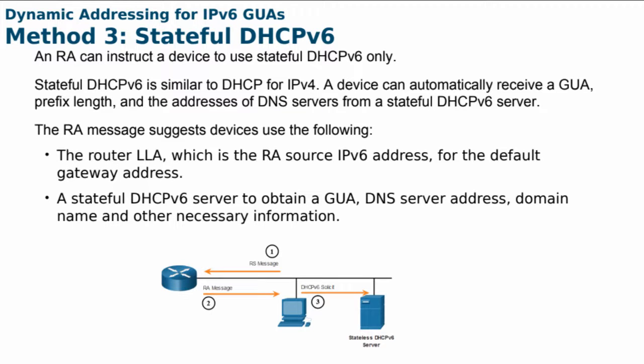So DHCP will provide everything, like in IPv4. It will provide the address, the DNS, the gateway. So the router LLA is the RA source IPv6 address for that device. The last one is very similar to IPv4 when you use DHCP. Any questions, Shabab, about this?